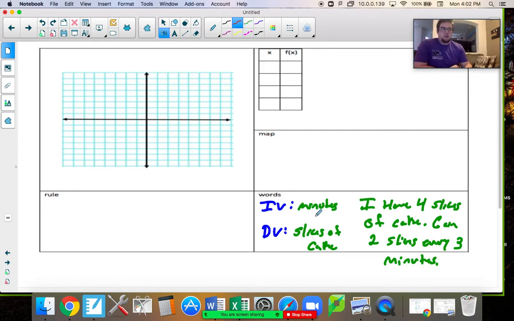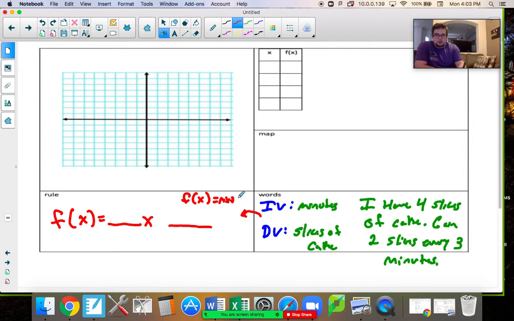All right, so I have my words. The easiest thing to do from words is to go right into the equation. So we've got ourselves our f of x equals blank x blank, because we have our slope-intercept form, mx plus b. So I start with my 4 slices of cake. So this is my starting value.